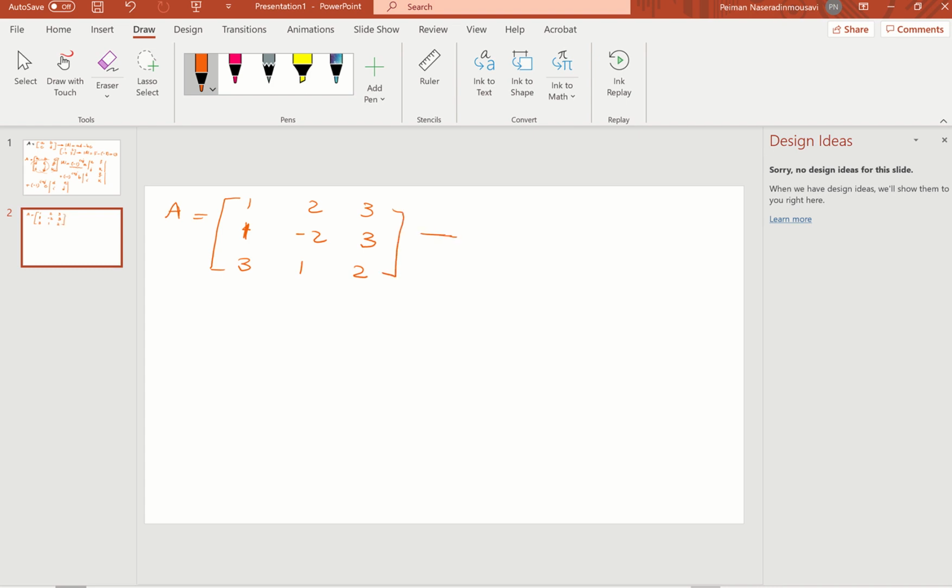Based on the calculation, the determinant of this is going to be the cofactor of this, minus 1 to the power of i plus j, with i and j of this being 1 plus 1. First row, first column: it is the determinant of minus 2, 3, 1, 2, right? Plus the cofactor of this, which is first row, second column, 1 plus 2, in 2.